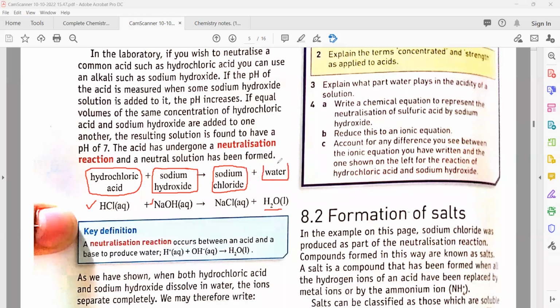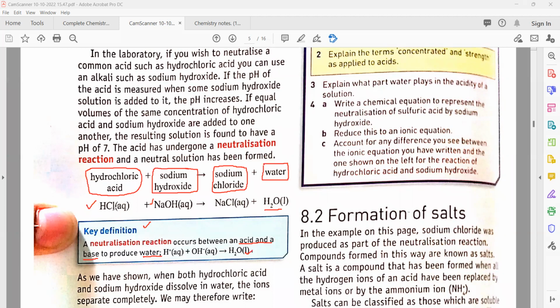So the simplest definition that's also mentioned here: a neutralization reaction occurs when an acid and a base react to produce water, H positive plus OH negative, in this way.